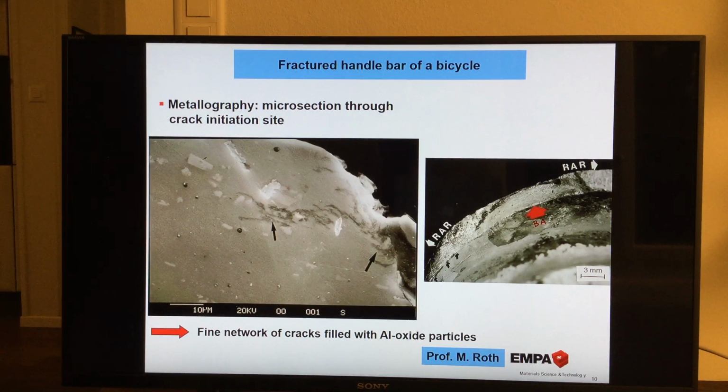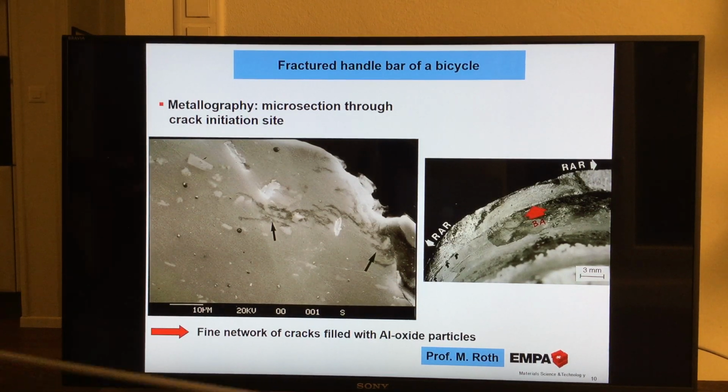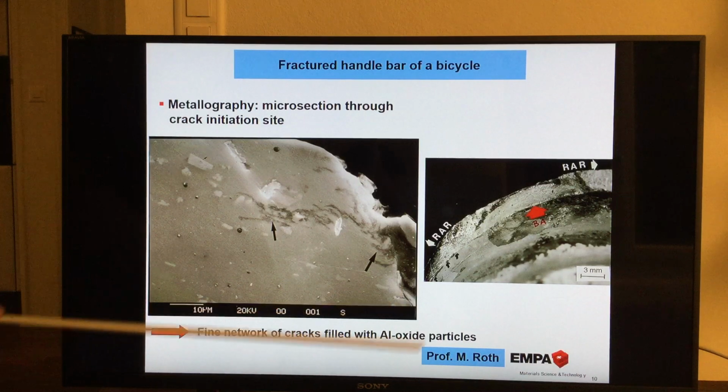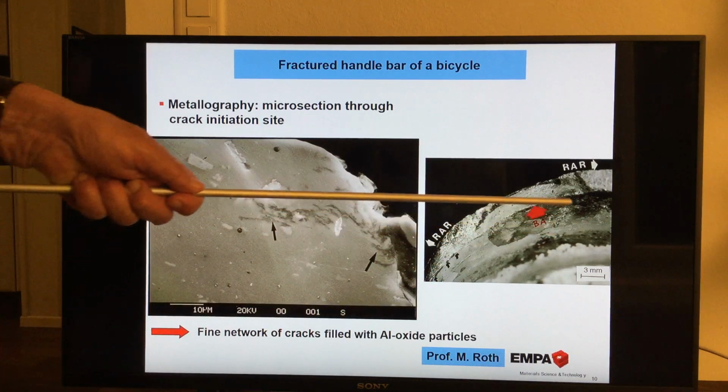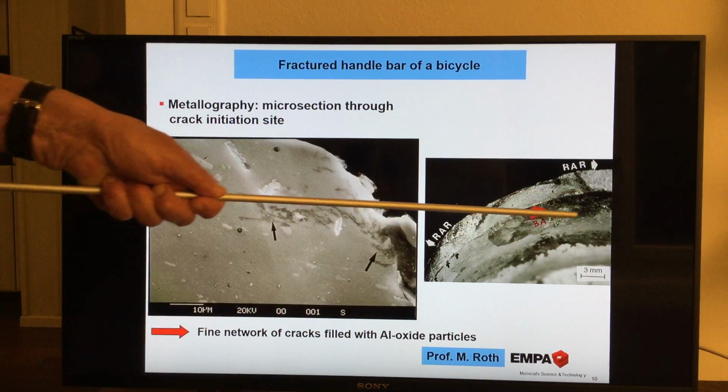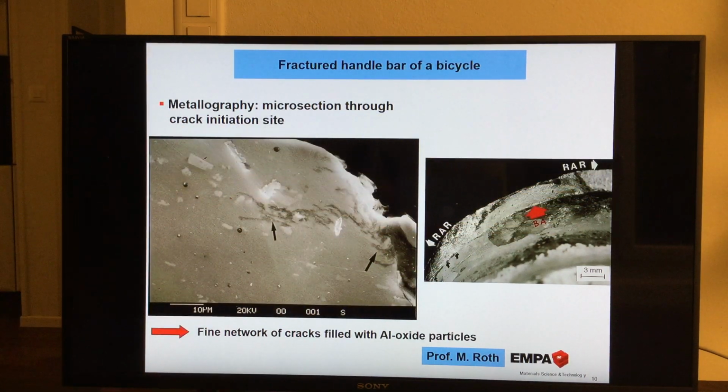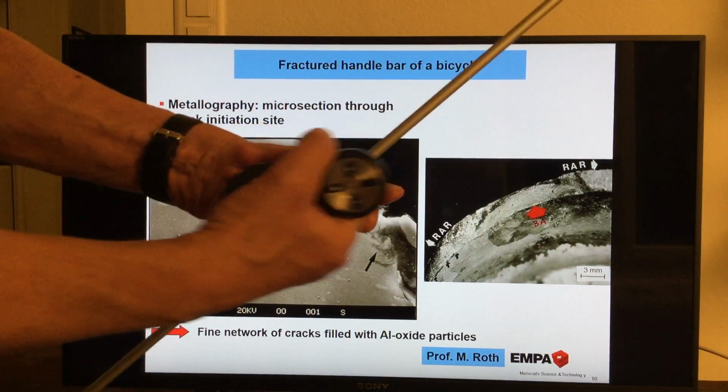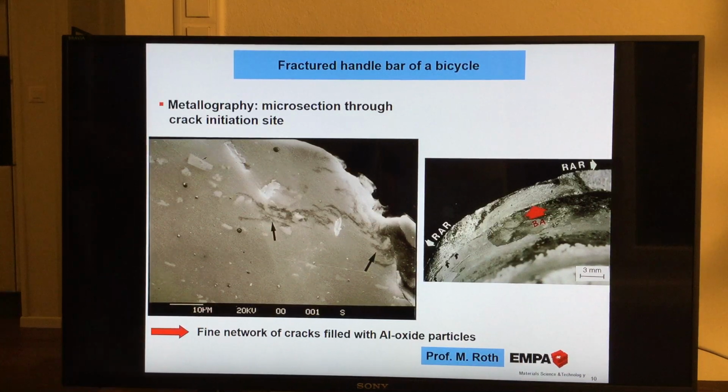But now we have to start to think about why these aluminium oxide particles are produced here. And now we are coming back. You may remember that we were talking about this area at higher magnification in the scanning electron microscope, and you remember this scratching of the surface.